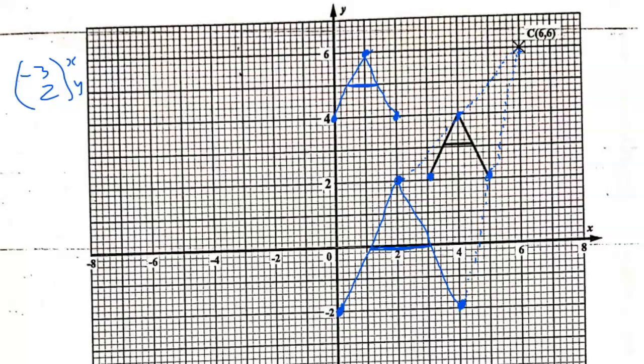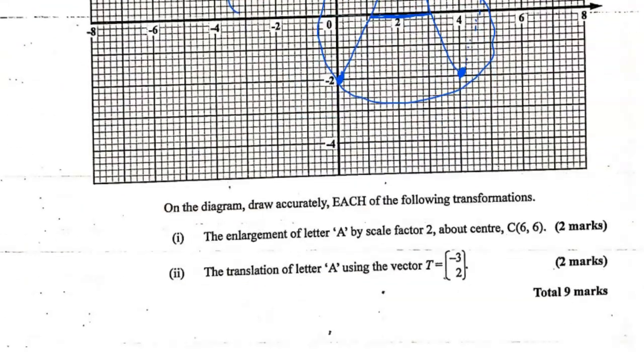So this diagram is answering part 2 of the question, and this is answering part 1 of the question. Let me just remind you what the questions were. Part 1 was the enlargement, which is what we have here, and part 2 was the translation.